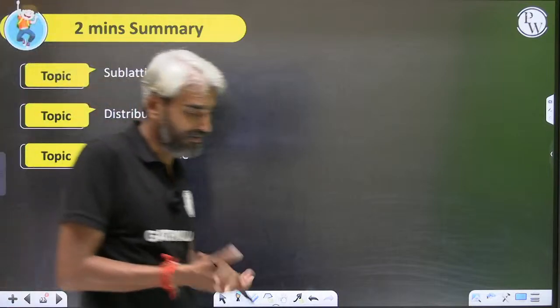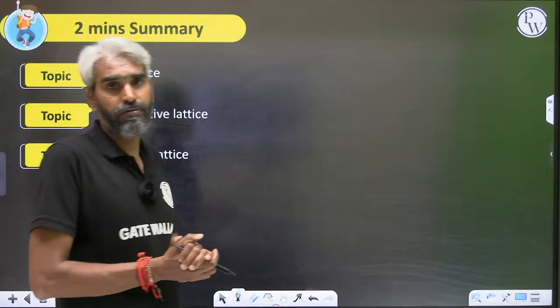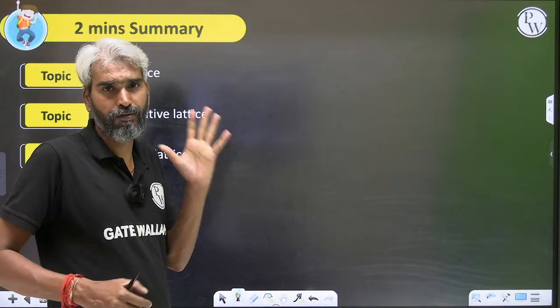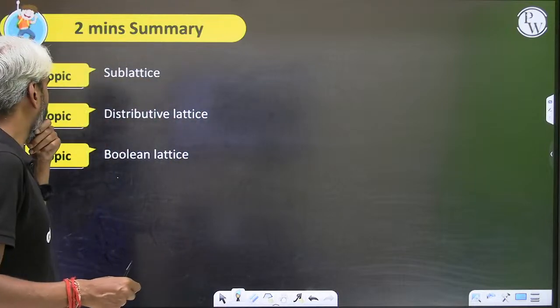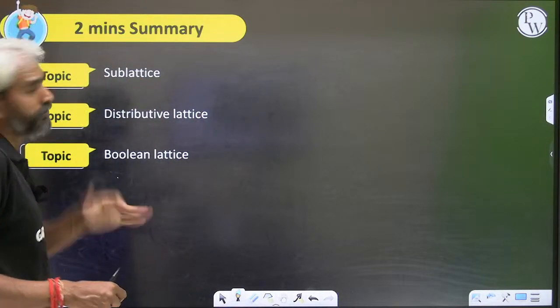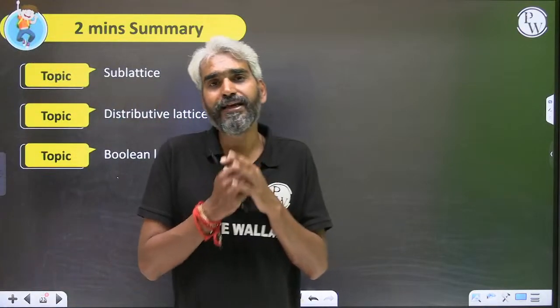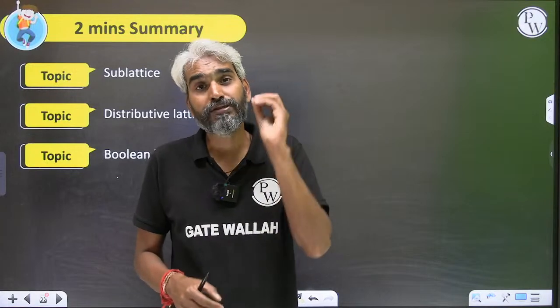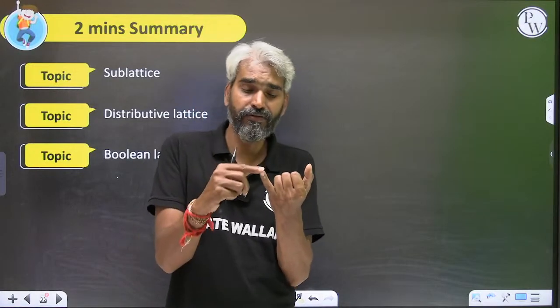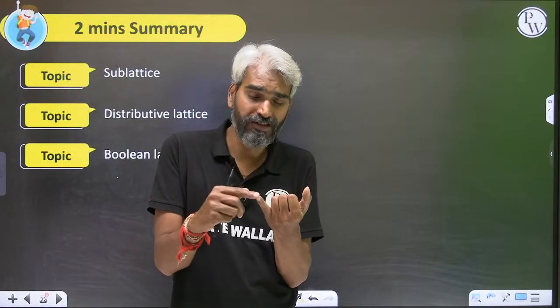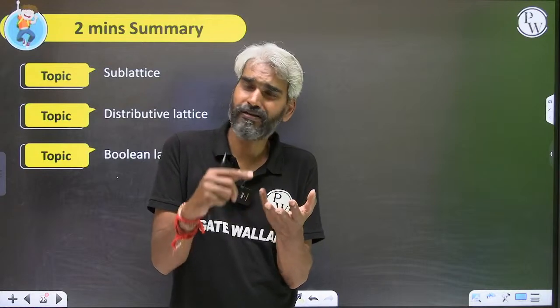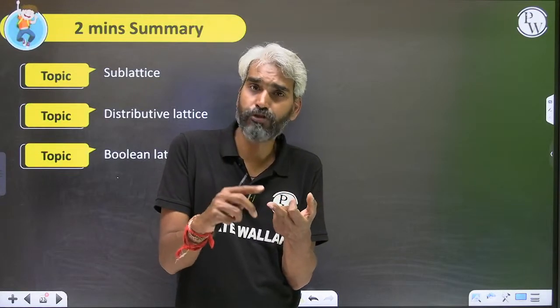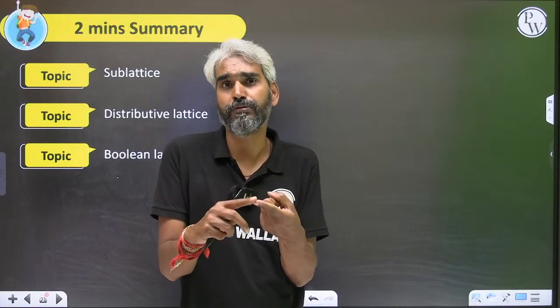So we have already understood, and we are done with all the concepts related to set theory. We have discussed sets, the concept of relation, equivalence relation, partial order relation, all the different types of relation. Based on the partial order relation, we have understood the concept of poset.